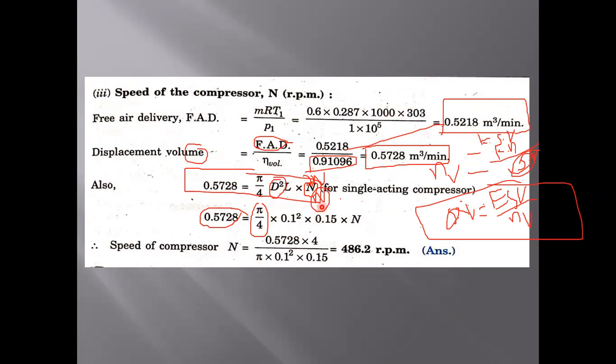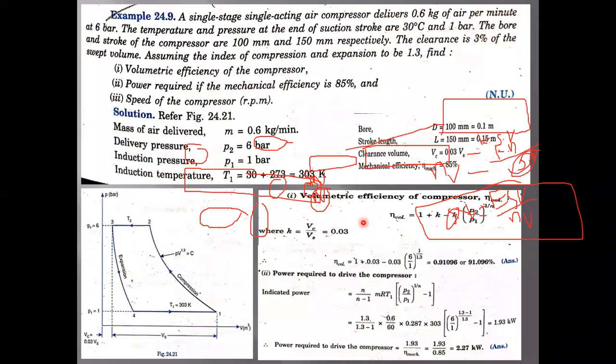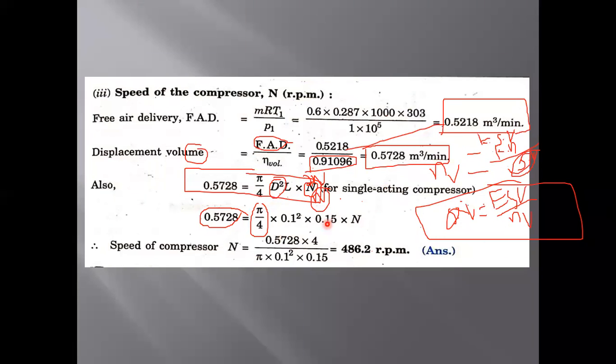Into stroke length, which has been given as 0.15 meters, into n. If you substitute all the values and calculate, you will get the n value as 486.2 rpm. In that way you are going to find out the speed of the compressor here.